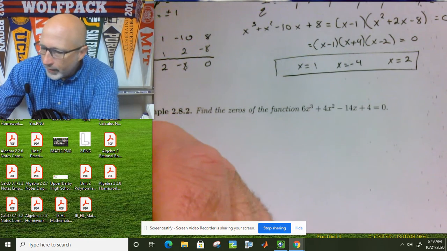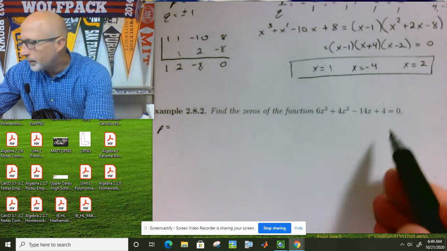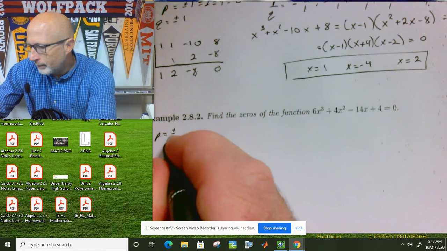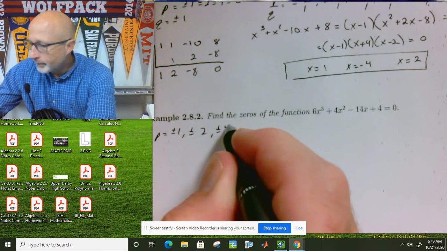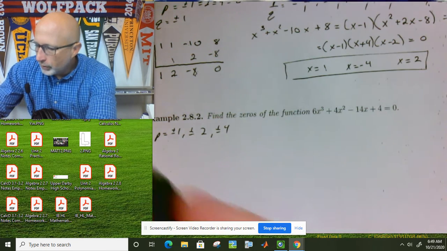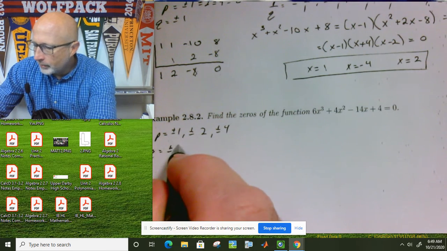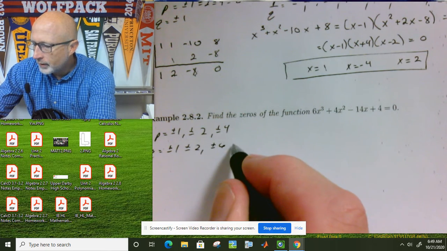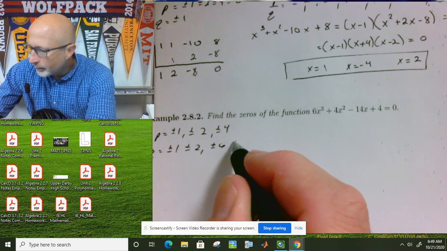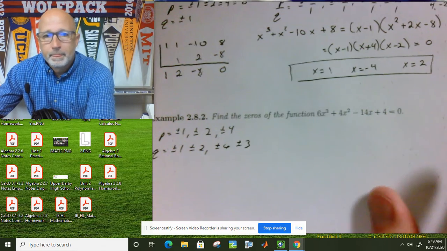Okay, so let's list out all the factors of p. Okay, so p is going to be plus or minus 1, plus or minus 2, plus or minus 4. And all the factors of q are going to be plus or minus 1, plus or minus 2, plus or minus 6. I don't know why I skipped over 3, plus or minus 3.